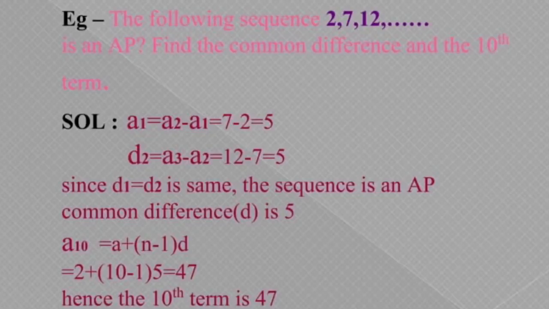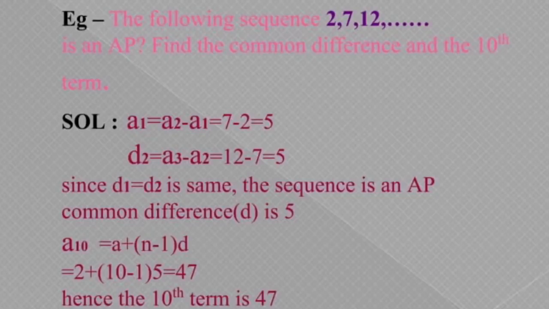Now we have to calculate the 10th term. Now formula for nth term is a plus n minus 1 into d. What is an? An is a plus n minus 1 into d. Here we know the value of a, the value of d and the value of n also. When we have to calculate the 10th term, it means we have n is equals to 10.